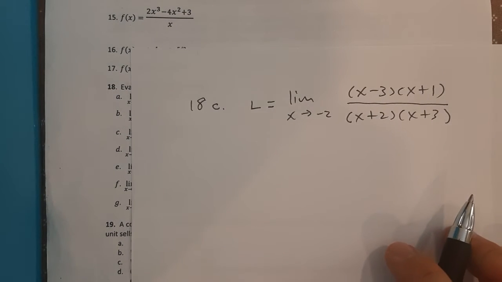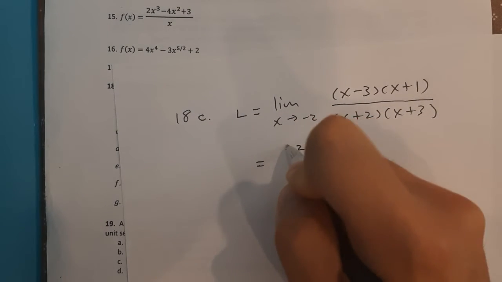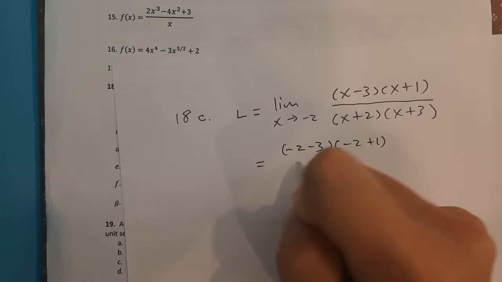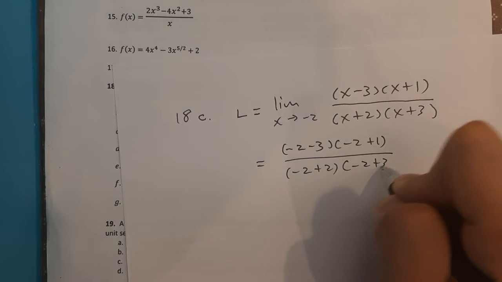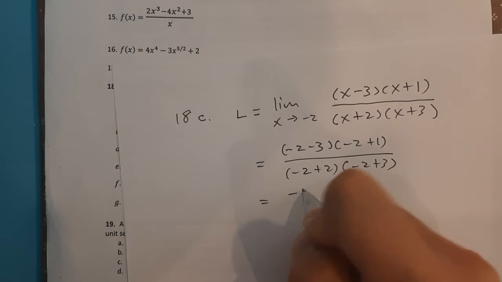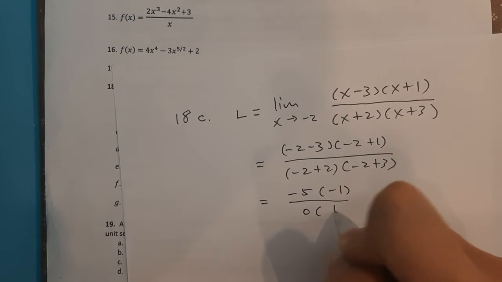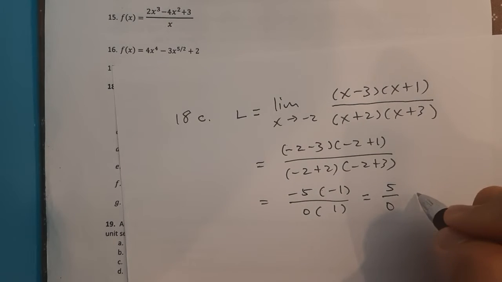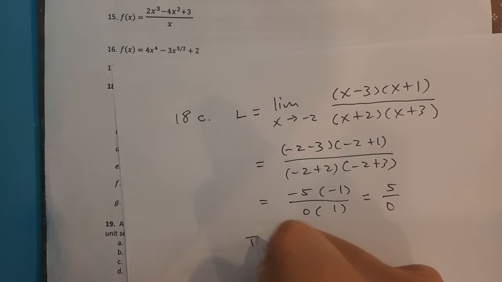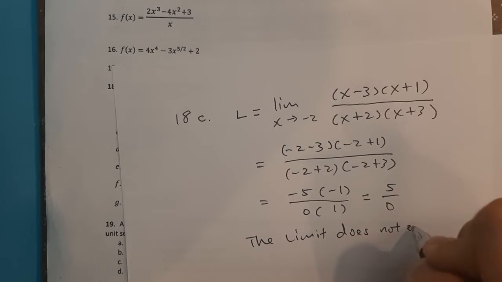So there's no cancellation. So we just plug in, we have negative 2 minus 3, negative 2 plus 1, over negative 2 plus 2, negative 2 plus 3. So we have negative 5 times negative 1 over 0 times 1. So we get a 5 over 0, so that's undefined. So we say the limit does not exist.